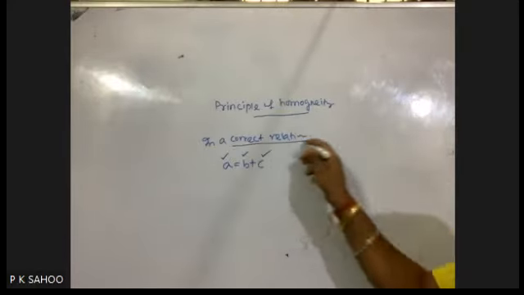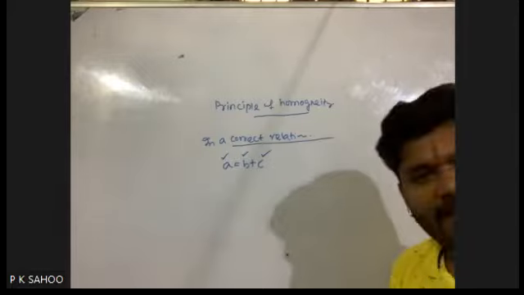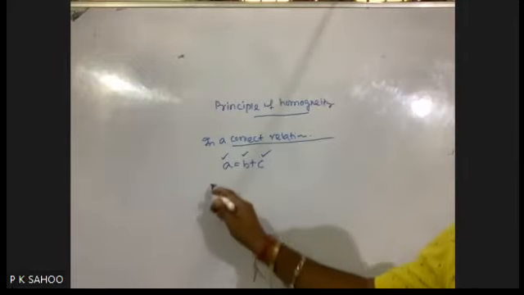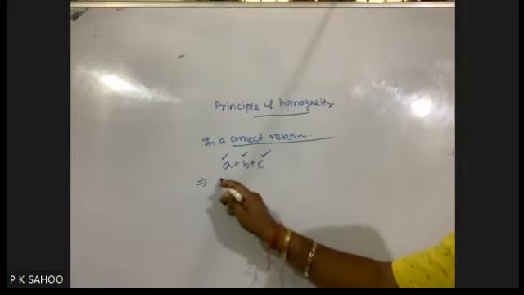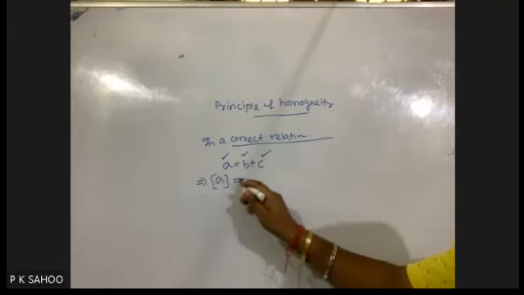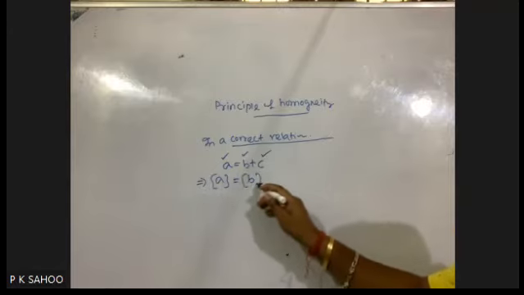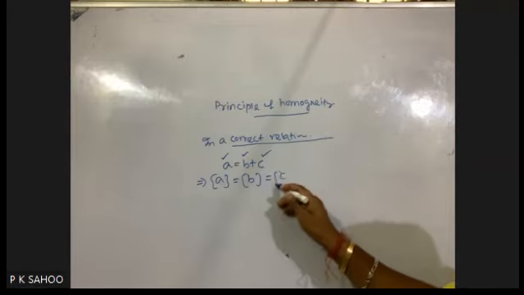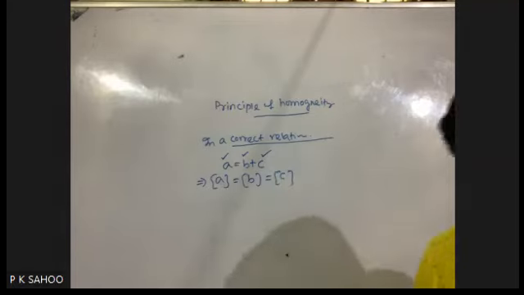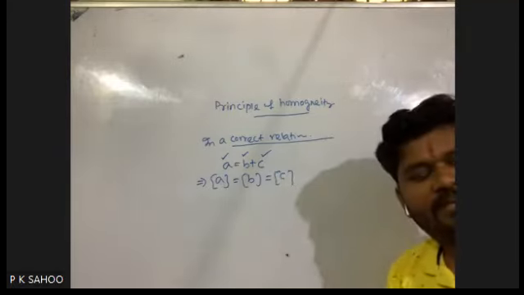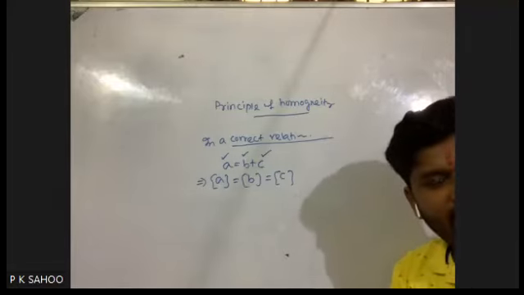Then the principle of homogeneity tells each term's dimension is the same. A dimension will be same as B dimension, will be same as C dimension. Obviously, they will have the same dimension.